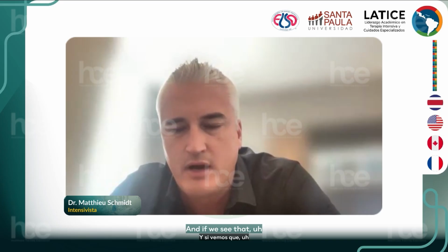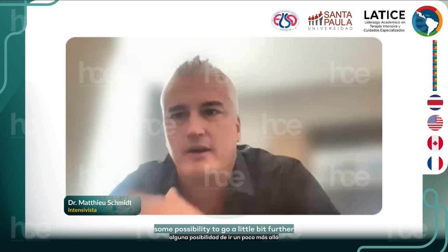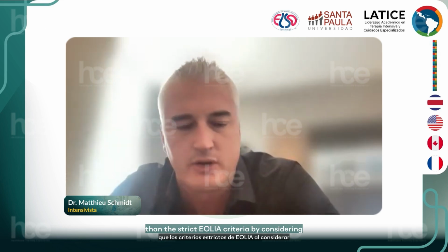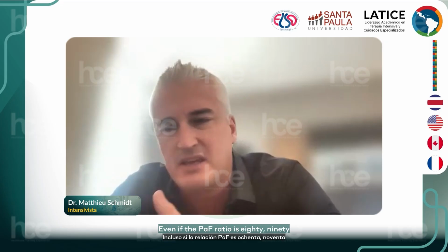If we see that progressively the response to prone positioning is decreasing and the respiratory mechanics are also getting worse, mainly the driving pressure, then there is some possibility to go a little bit further than the strict EOLIA criteria. Even if the PF ratio is 80, 90, or 100, we may still consider putting the patient on ECMO, especially if the patient is not responding anymore to prone.